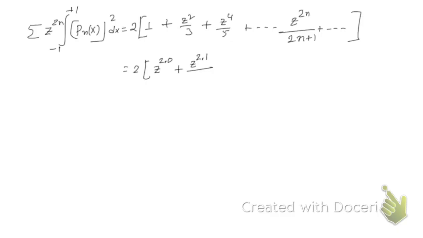So instead of 3 we can write 2 into 1 plus 1, and here 2 into 0 plus 1, right? And in the next term we can write z to the power 2 into 2 divided by 2 into 2 plus 1, plus dot dot dot, z to the power twice n by twice n plus 1, dot dot dot so on.